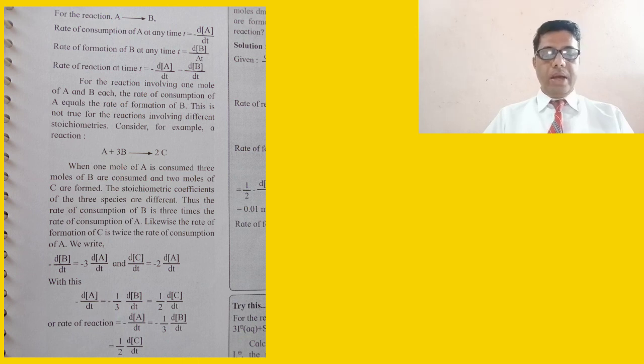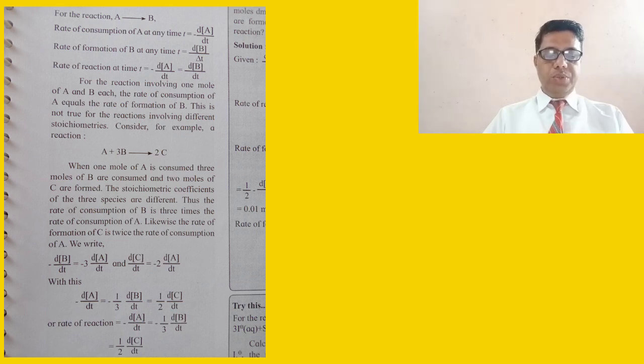As we rearrange these equations, first equation: minus dB by dt is equal to minus 3 dA by dt. We shift the 3 to the left side, so it becomes minus 1 by 3 dB by dt is equal to minus dA by dt. And in the second equation, we also shift 2 to the left side. This becomes 1/2 dC by dt is equal to minus dA by dt.